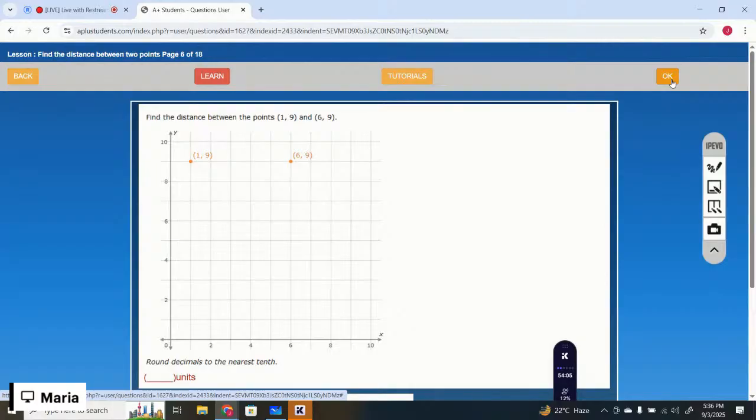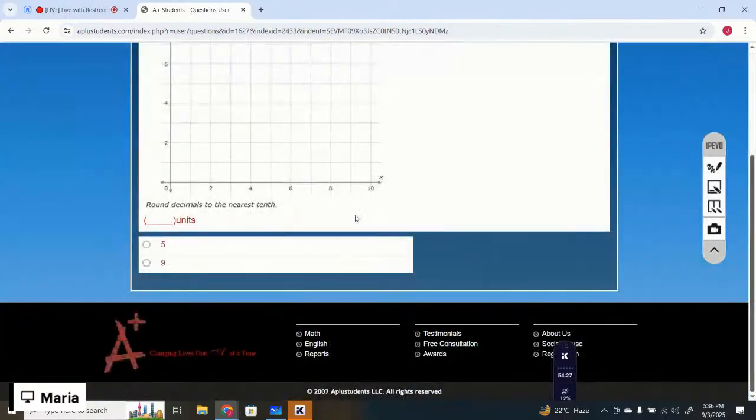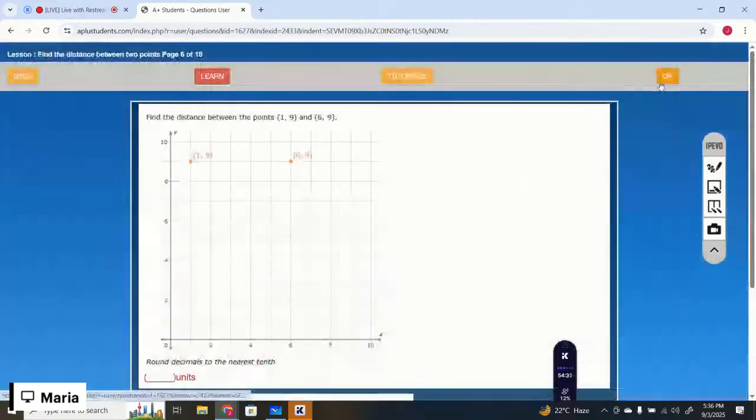Find the distance between the points 1, 9 and 6, 9. That is 5 units. Option number 1 is the correct option.